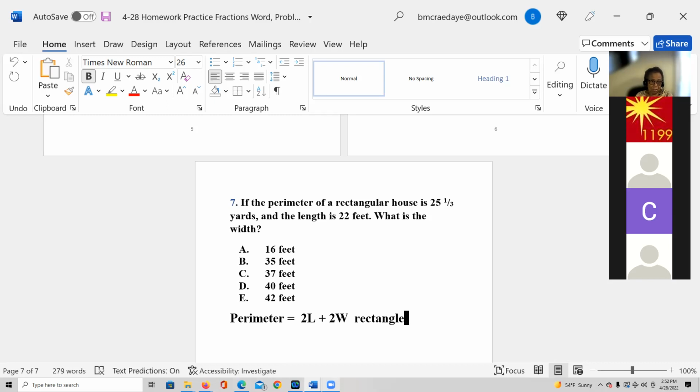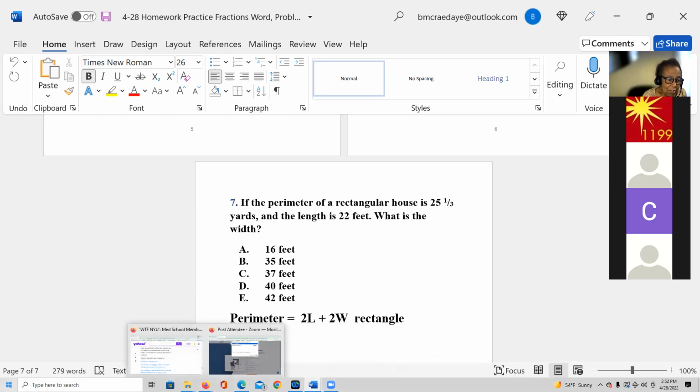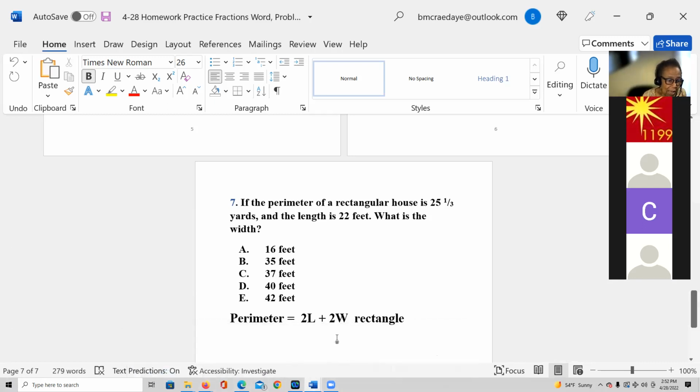So the perimeter of this rectangular house is 25 and 1/3 yards. Now you notice your length is in feet, so you've got to convert that perimeter to feet.